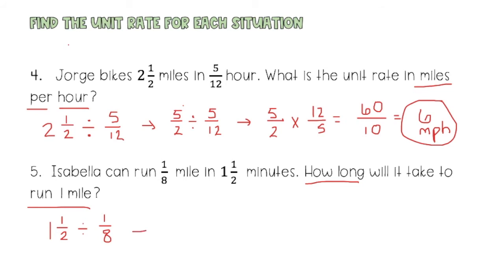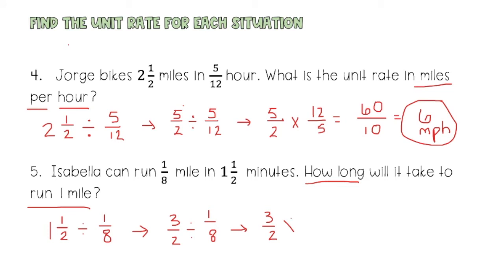I'm going to rewrite this problem so that I can change my mixed number into an improper fraction. So multiplying my denominator times my whole number, 2 times 1 is 2, plus 1 is 3. So 3 over 2 divided by 1 over 8. I have to remember to use keep, change, flip. We're going to keep our first fraction the same.